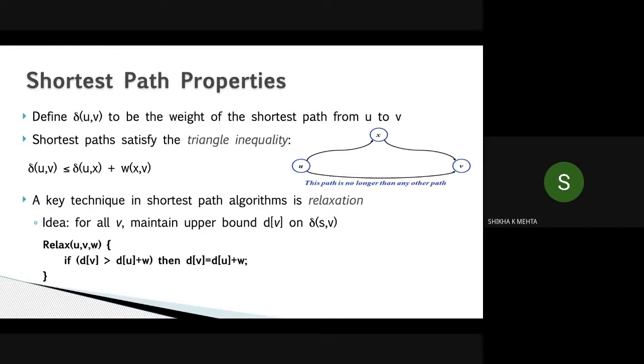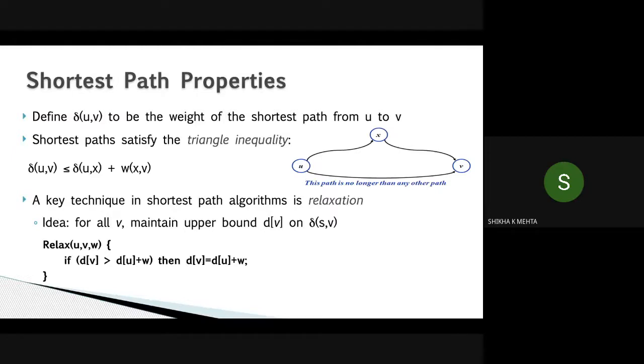The shortest path satisfies the triangle inequality property. Here you can see we have 3 points which are connected: u, v and x. The distance between u and v is always less than or equal to the distance from u to x plus the weight of x and v.